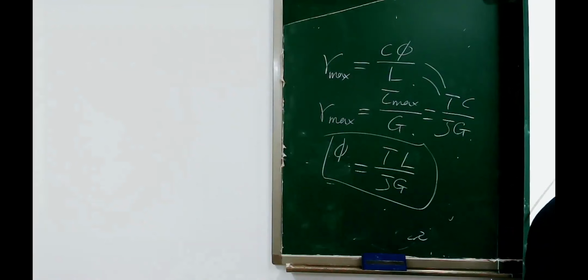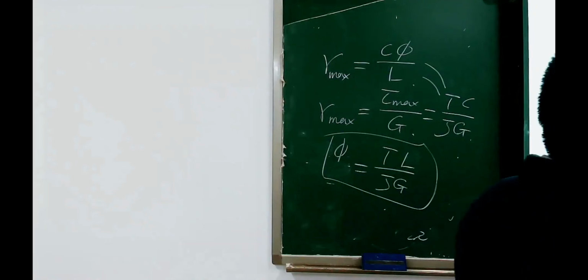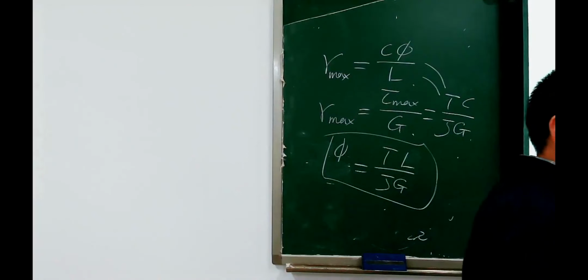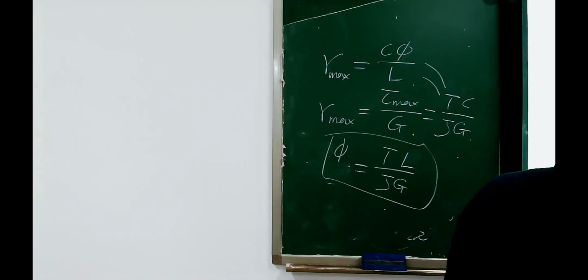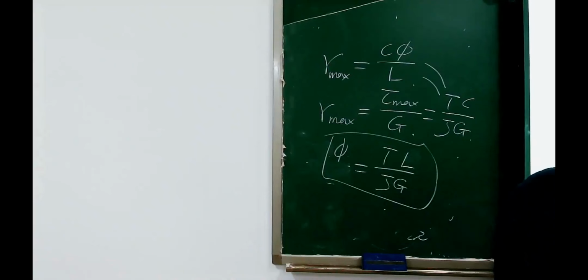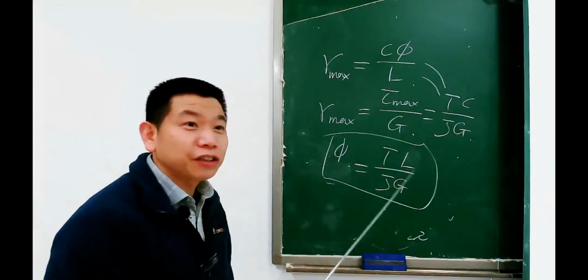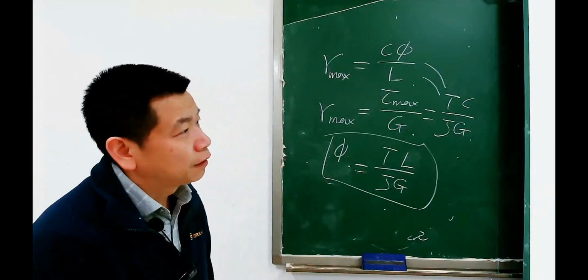We know how to find the torque, yes or not? Then how to find the deformation of the part BC, AC? The formula is TL over JG.